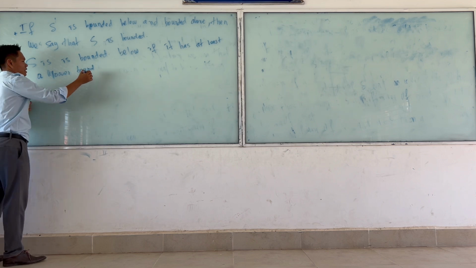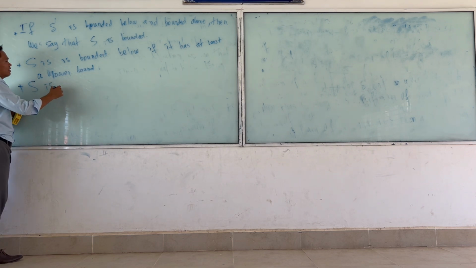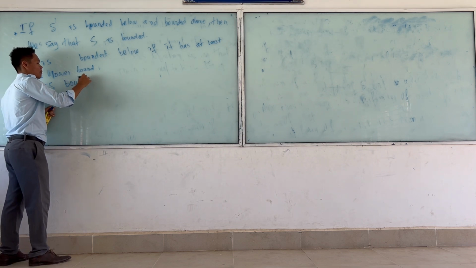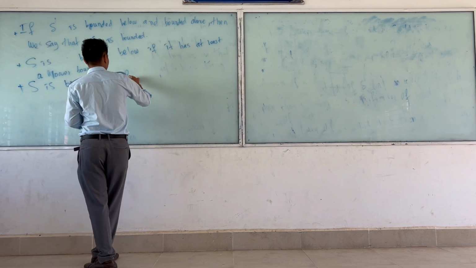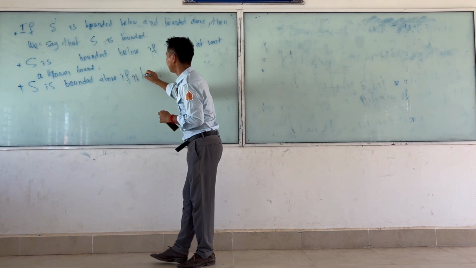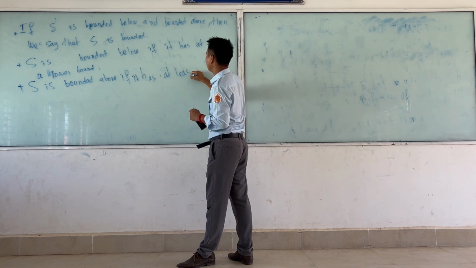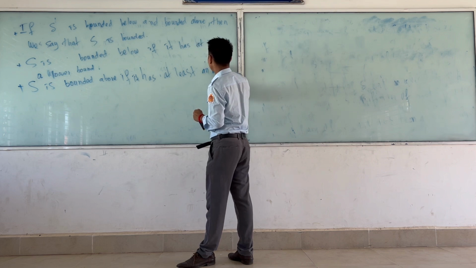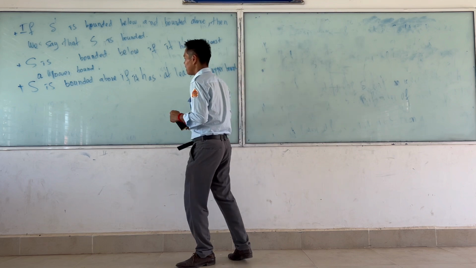It means that if we can find a lower bound of S, we can say that it is bounded below. In contrast, S is bounded above if it has at least an upper bound.